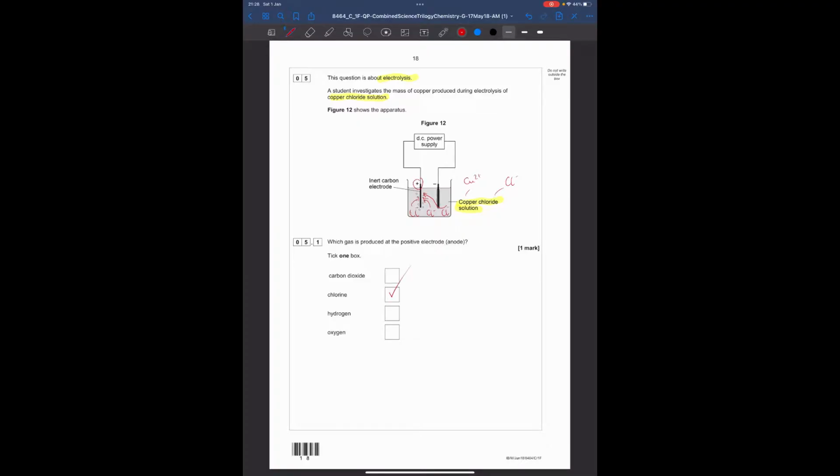Okay, and you can see at the negative electrode, we're getting the copper being deposited because the copper moves to the negative electrode. So remember, opposite charges attract, the oppositely charged ions will go to the different electrodes.